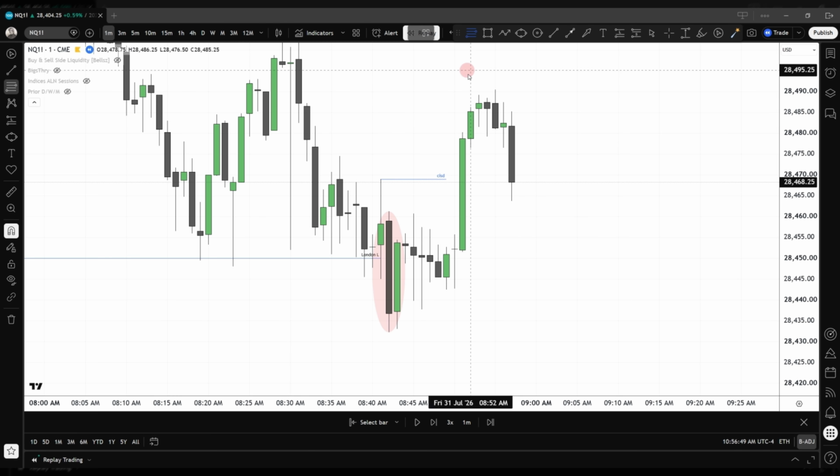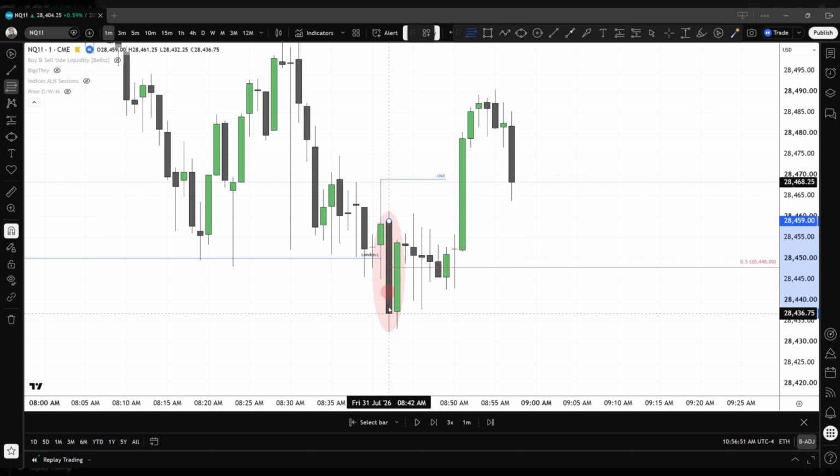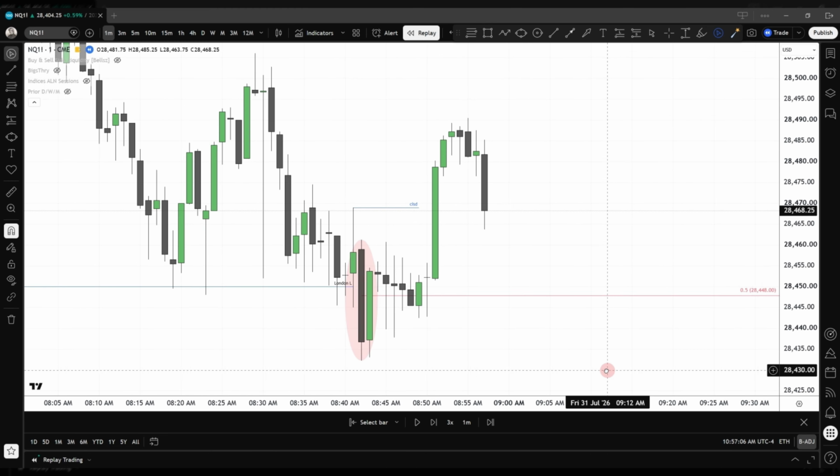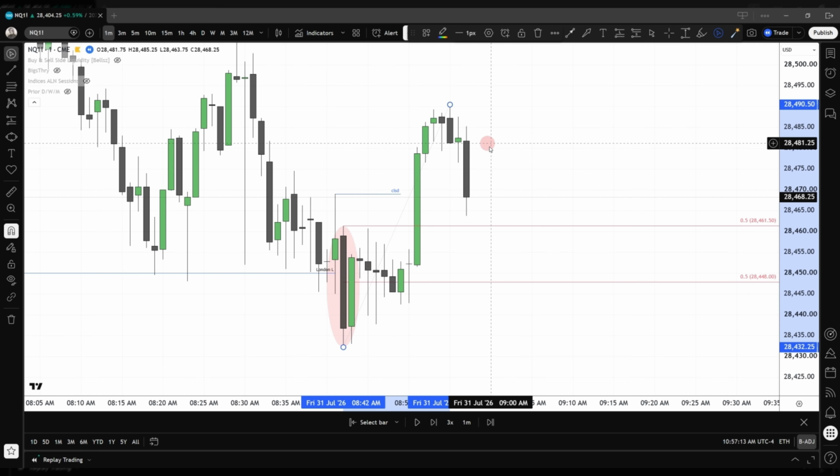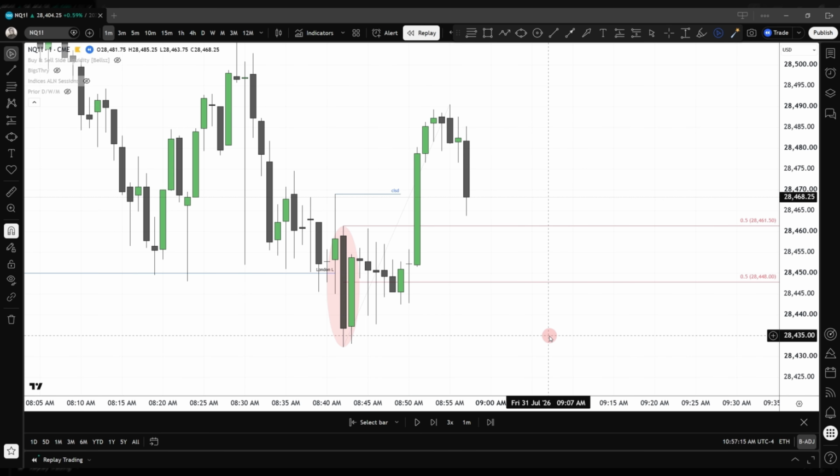My strategy is that I'll either enter long at the open or the midpoint of that candle body's range. So the open is 459. The midpoint of the candle body's range is 448. In addition, I always want to buy in discount and sell in premium.